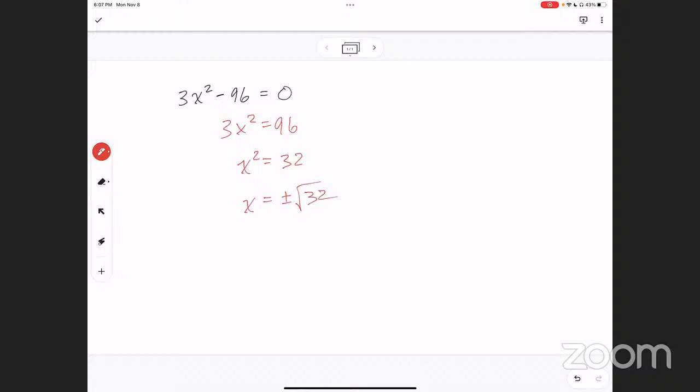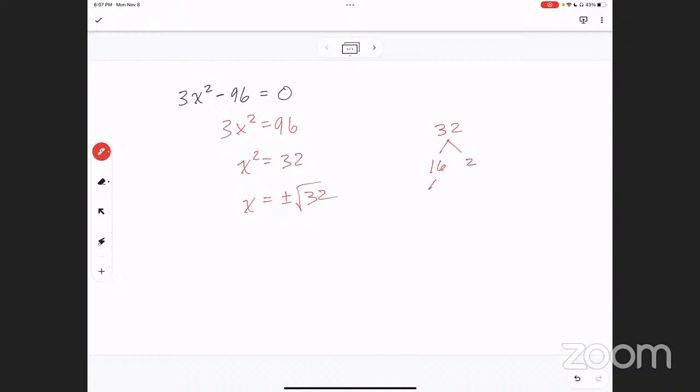Okay, so he wants you to simplify the radical. Is that what you're saying? Yeah. So let me show you how I like to do it. I think of 32 and I write it in my factor tree. Remember doing this before? Yeah. So what goes into 32? 16 and 2.